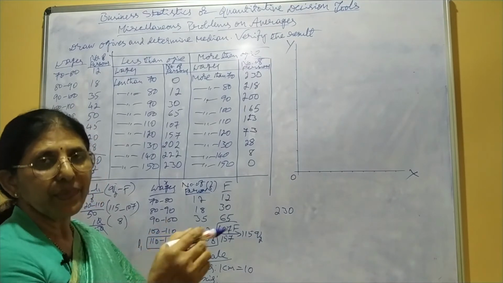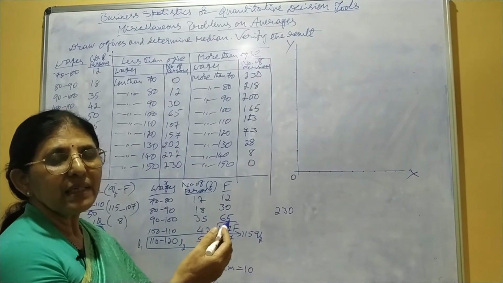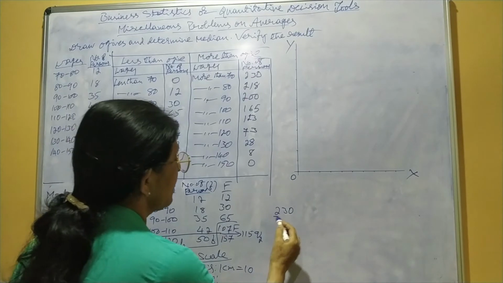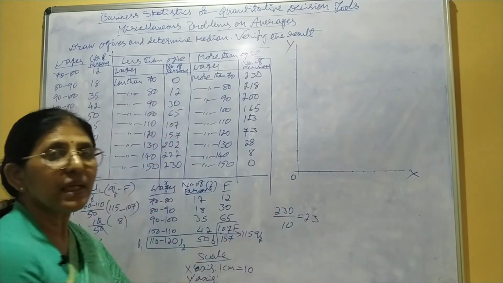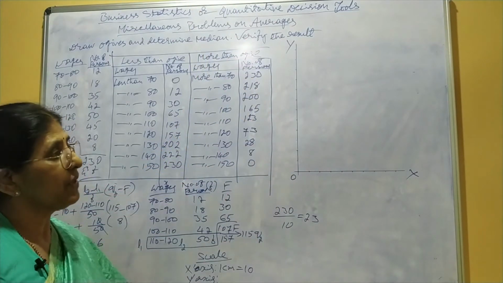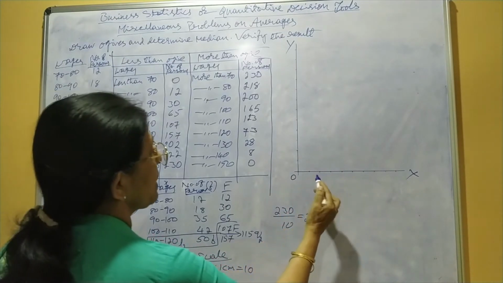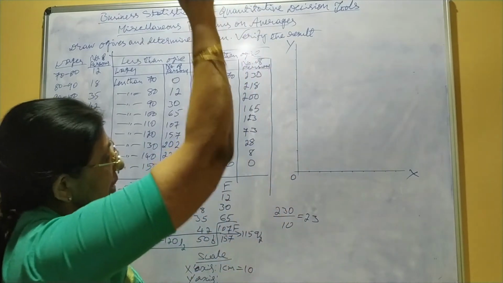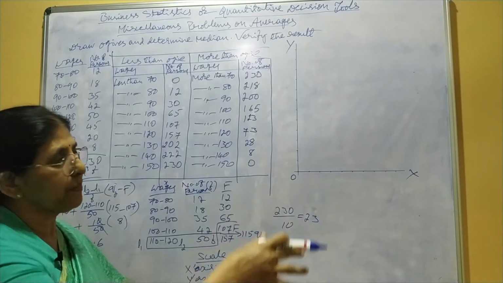Class intervals or limits must be in multiples of 5 or 10. Here, if you take 10 as the scale, then you have to take 23 centimeters height. Some 9 or 10 maximum is there. If you take 23, then we will not get a proper shape.